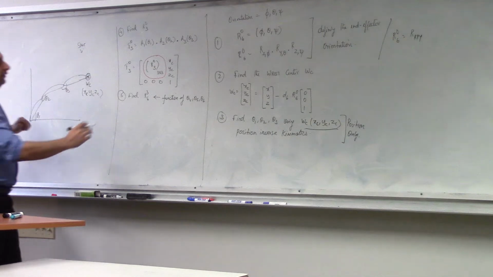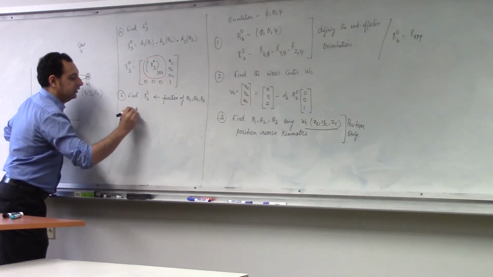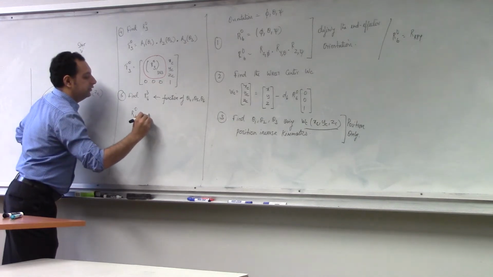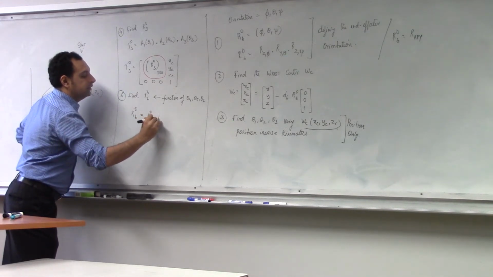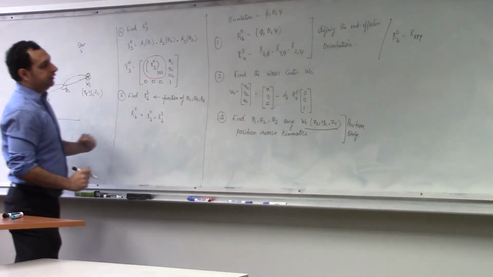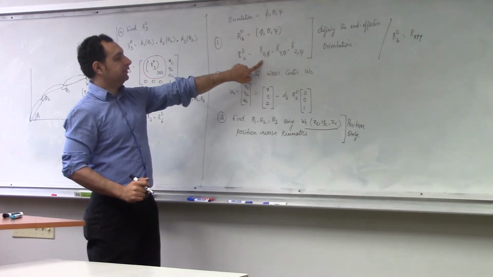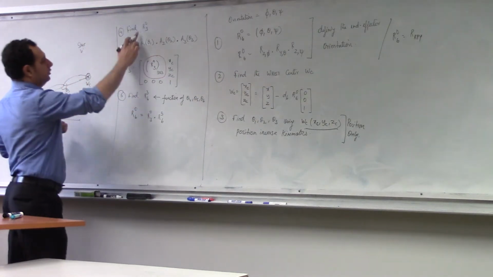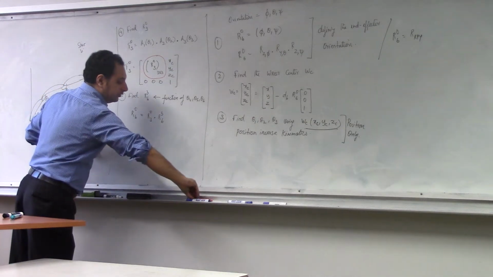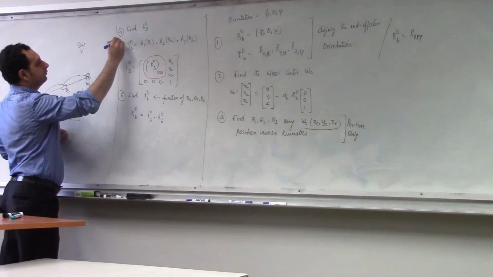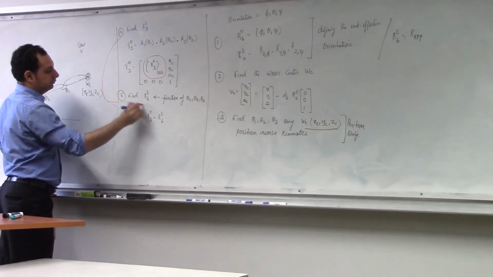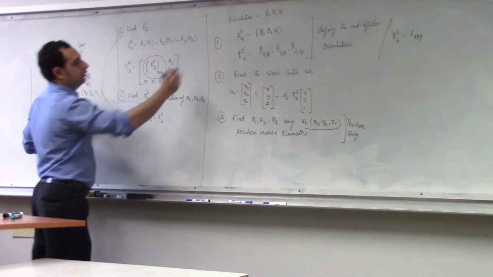So we'll write it like this, R06 will be equal to R03 times R36, right? We know R06. We know R03 from here, okay? So let me write it like this. We know this from here, and we know this from here.